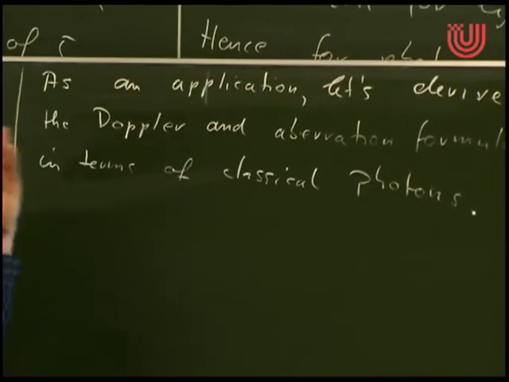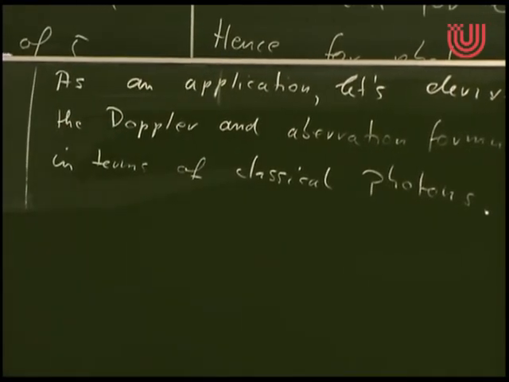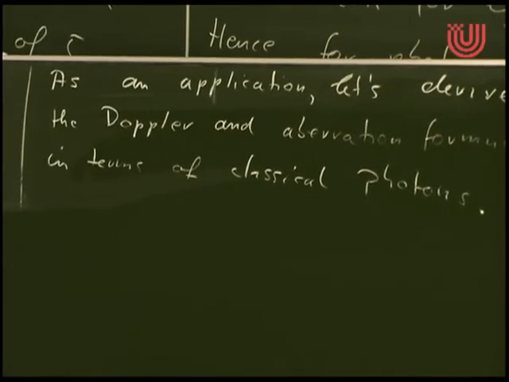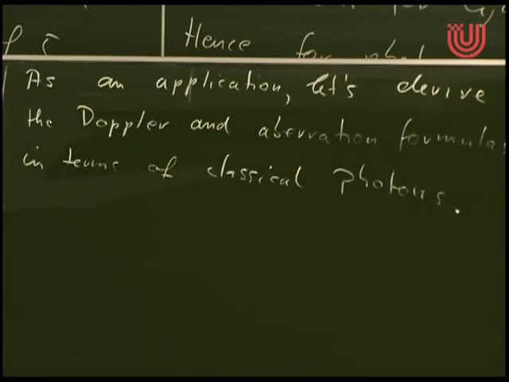These effects obviously involve two inertial systems, right? We ask how the energy transforms from one inertial system to another, and how the spatial direction of a photon changes from one inertial system to another. So we have to consider a photon in two different inertial systems.